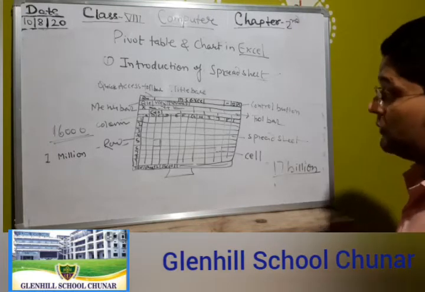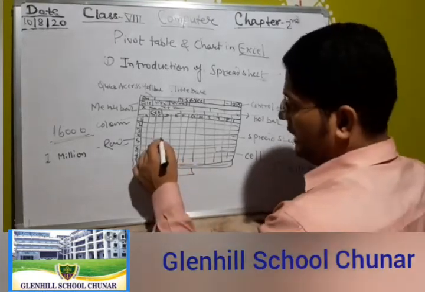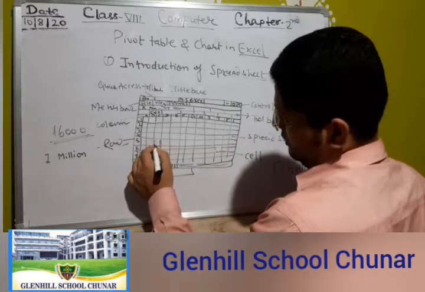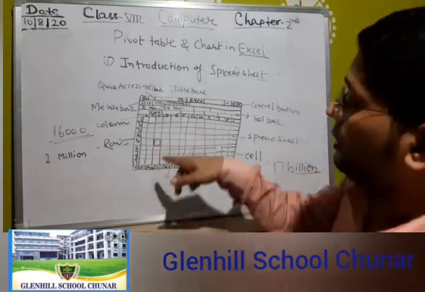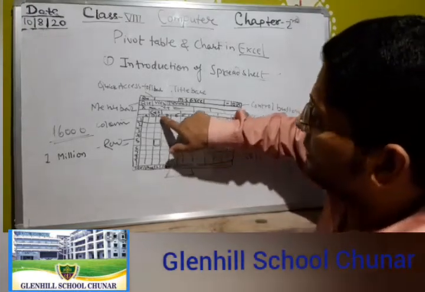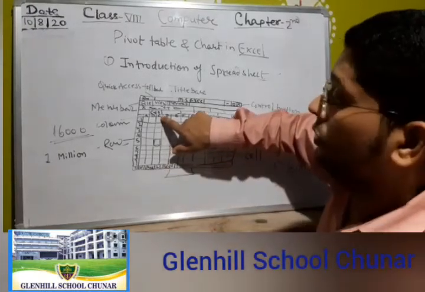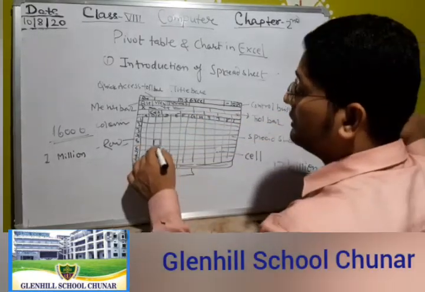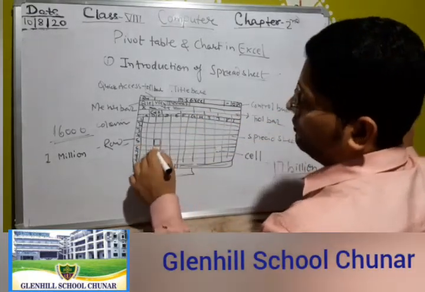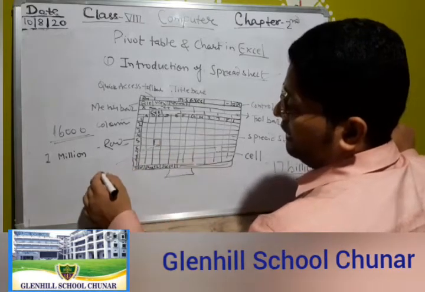So here, suppose your active cell is here. The column name is C and the row is 5, so the cell name is C5.